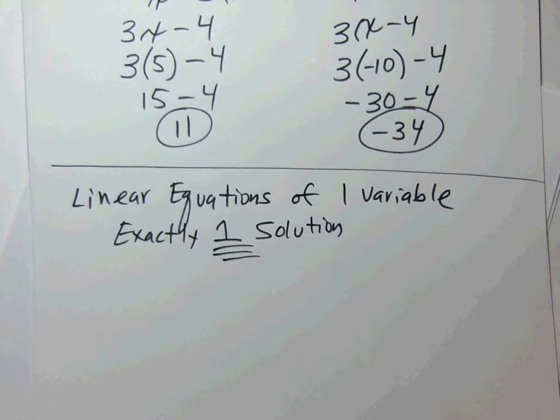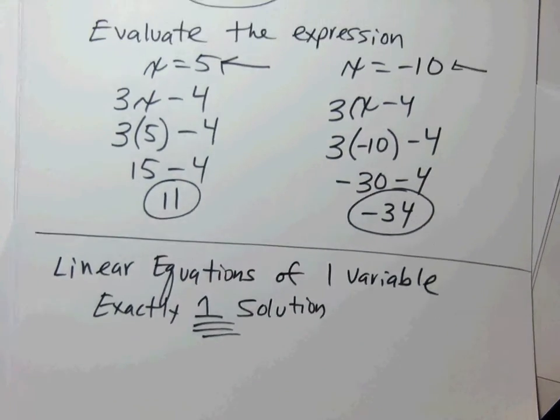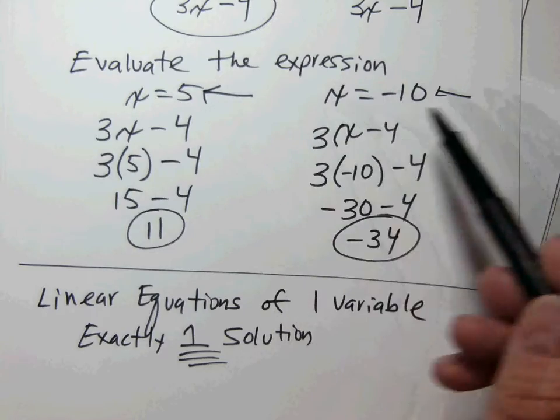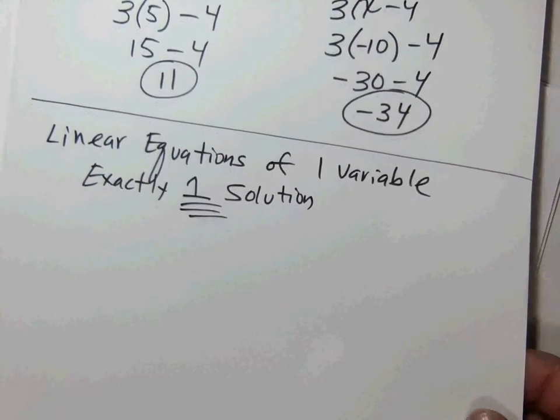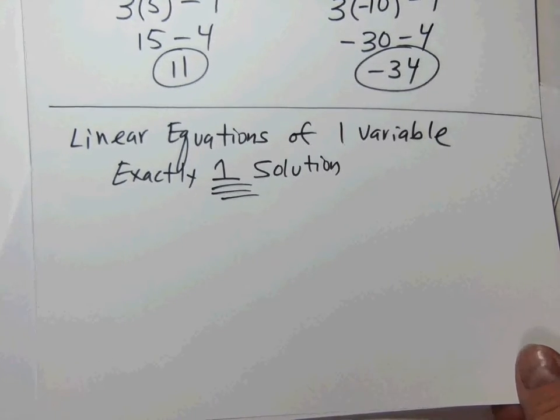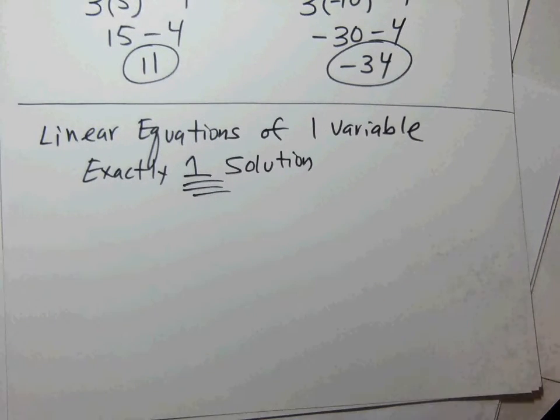One solution. Here our choices for x were infinite. I could have told you x is anything, and you could have put it in there and cranked out a number. With an equation, not so. There is one choice for x, and it's going to be our job to find that one choice.